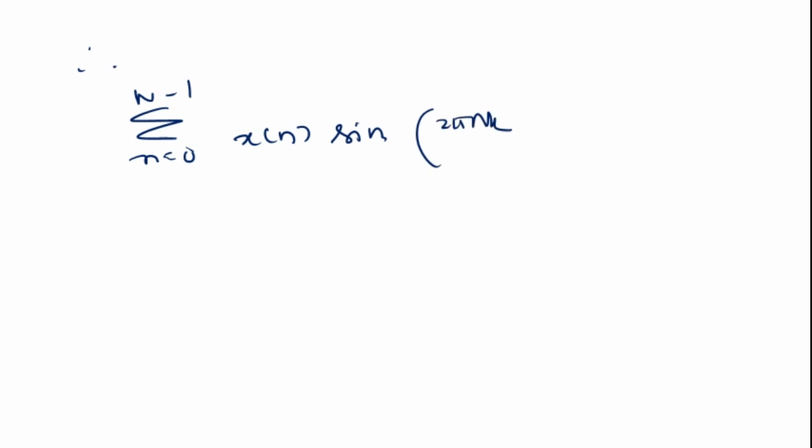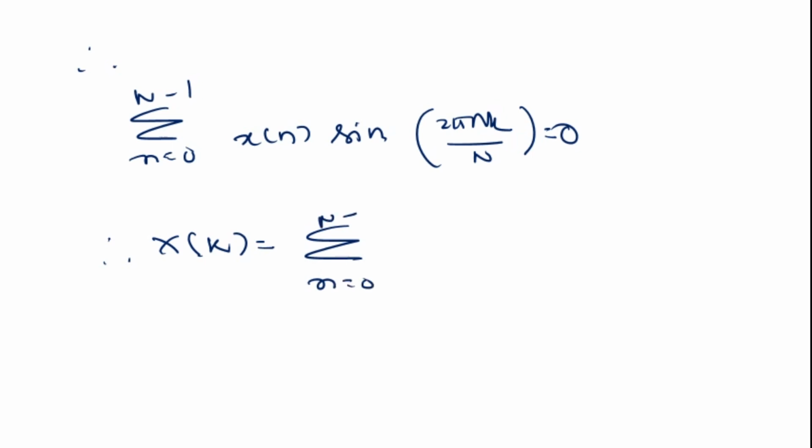Therefore, summation n is equal to 0 to N minus 1 x of n into sin of 2 pi nk by N is equal to 0. Therefore, X of k is equal to summation n is equal to 0 to N minus 1 x of n into cos of 2 pi nk by N.